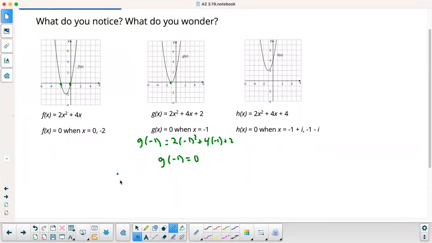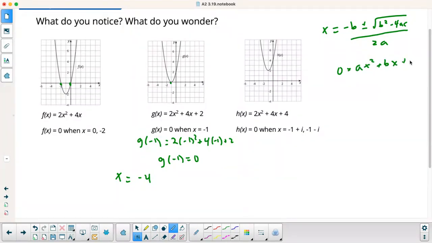If I wanted to go quadratic formula, x equals negative... Let me write the quadratic formula here in case you're new. a is the number in front of x squared, b is the number in front of x, and c is the constant. It all has to be equal to 0: ax squared plus bx plus c.